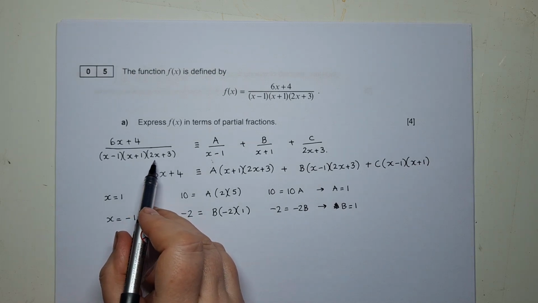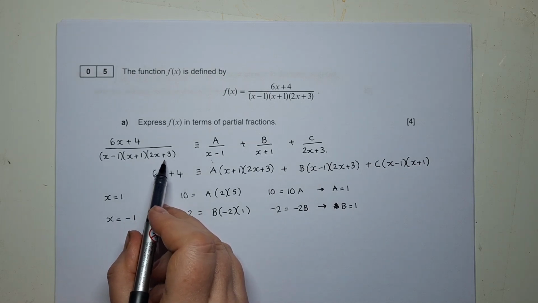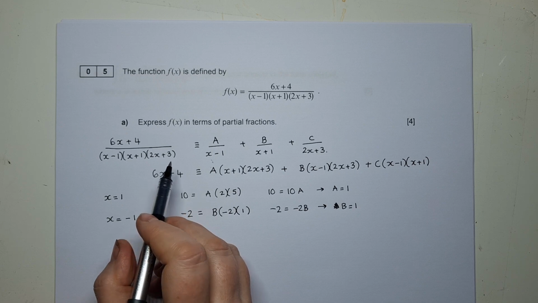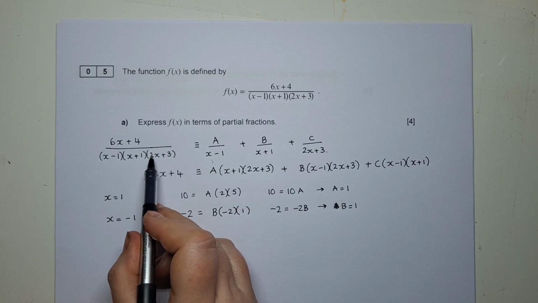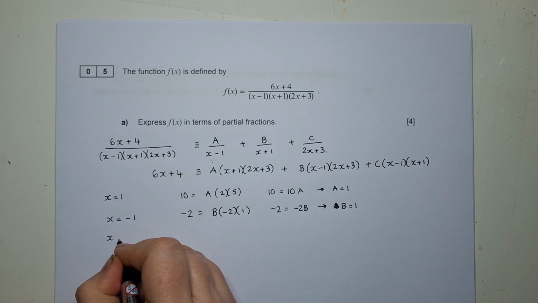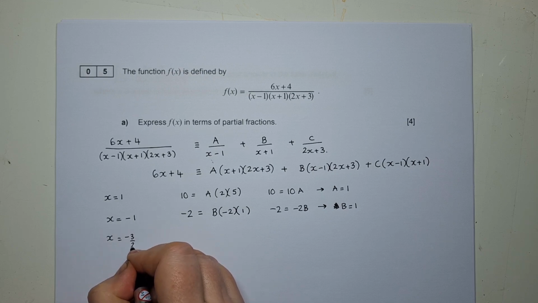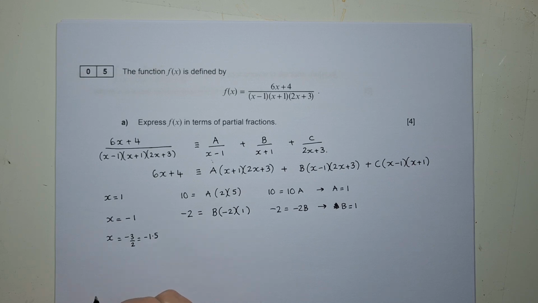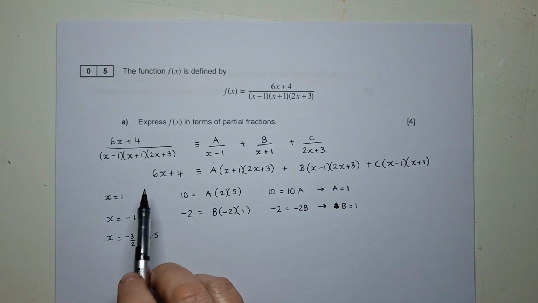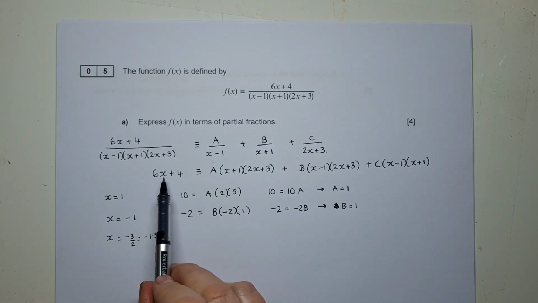My last choice would be the value that makes the 2x plus 3 bracket 0. So imagine, if you need to, hopping the 3 across to be a minus 3 and dividing by 2. So we're subbing in x is minus 3 halves, or minus 1.5. Okay, so 6 lots of minus 1.5 are going to be minus 9.